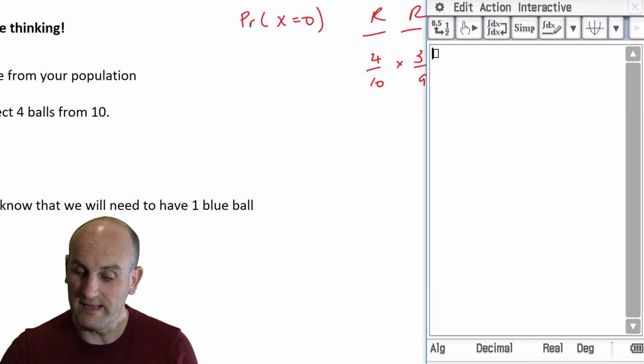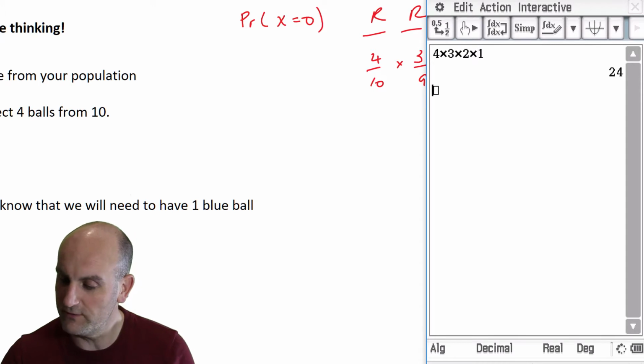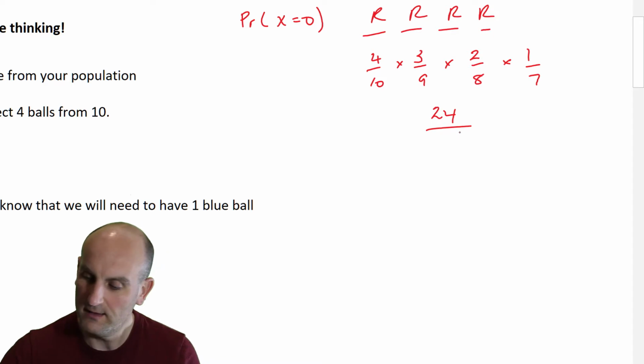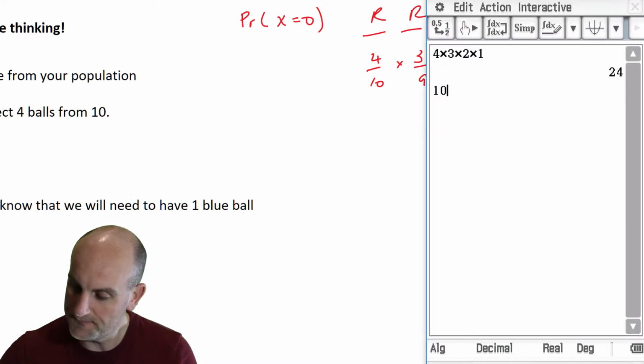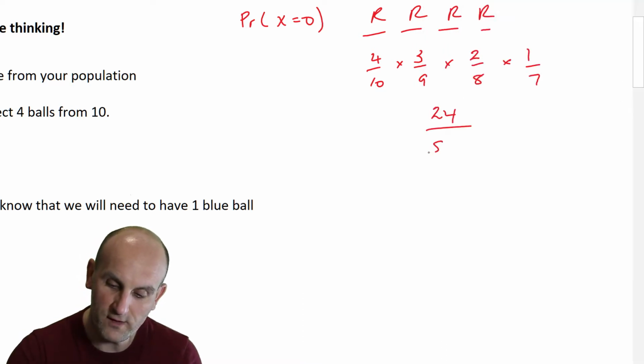So in that case, all of those 4 are going to be red. When I fire up my calculator, I'm going to do 4 times 3 times 2 times 1, which is my top value of 24. So that was 24 over 10 times 9 times 8 times 7, which gives me 5040.